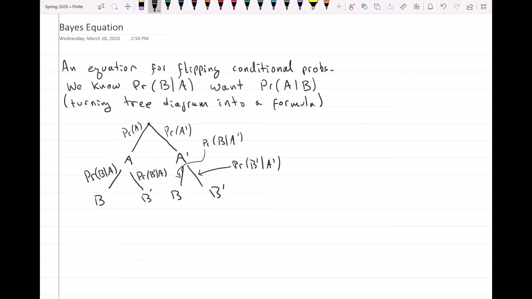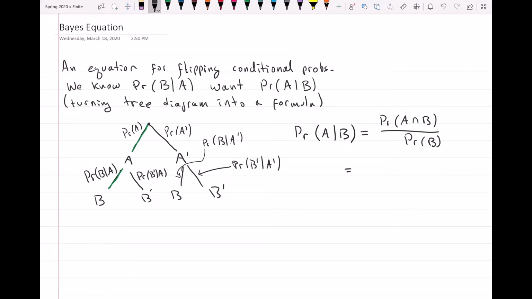All right, so how would we calculate the probability of A given B? Well, we have our trusty gold standard formula here, that this is the probability of A and B divided by the probability of B. Now, the probability of A and B is simply this path along the tree.